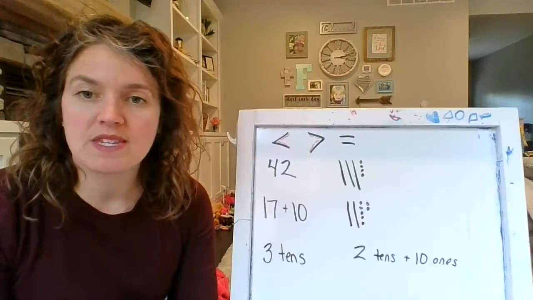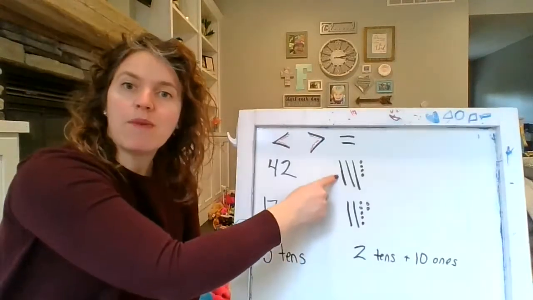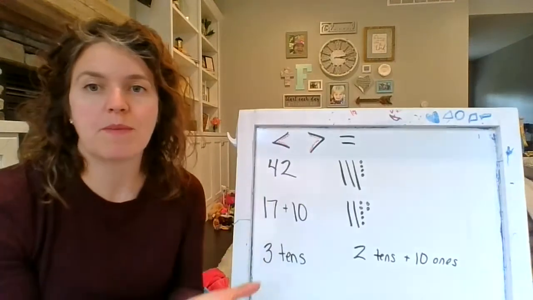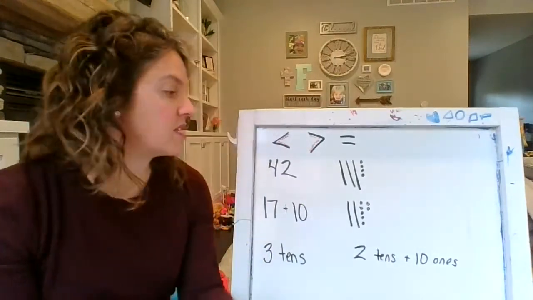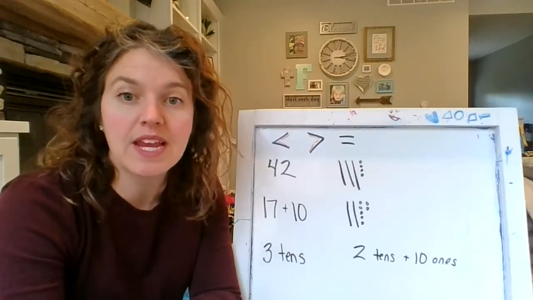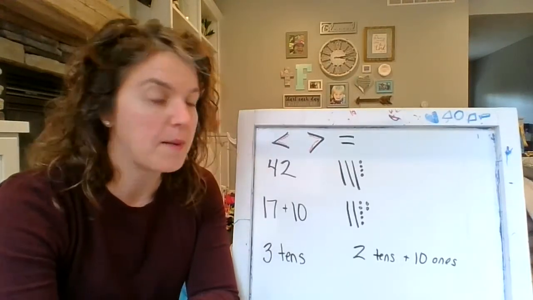So we're used to seeing the numbers either just in the picture or just as our 2-digit number. But numbers can be represented lots of different ways. So we want to make sure that we understand how to read different ways of representing numbers.